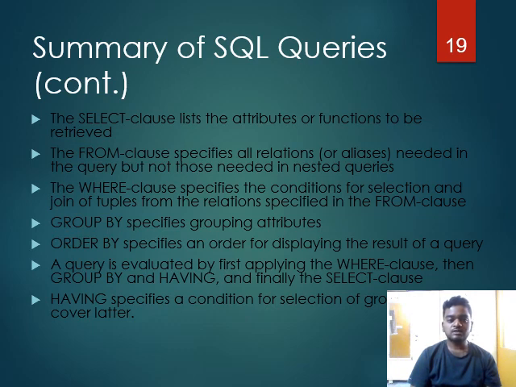The where clause specifies the conditions for selection and join of tuples from the relations specified in the from clause. Group by specifies the grouping attributes. Order by specifies an order for displaying the result of a query. A query is evaluated by first applying the where clause, then group by and having, and finally the select clause.